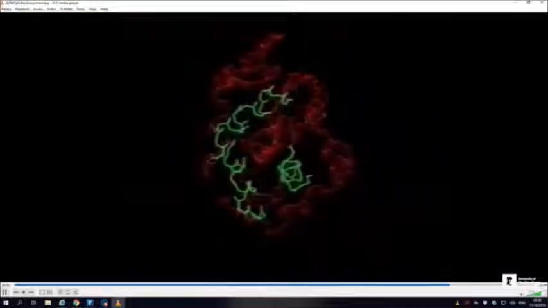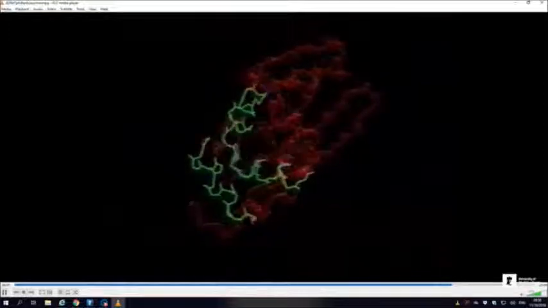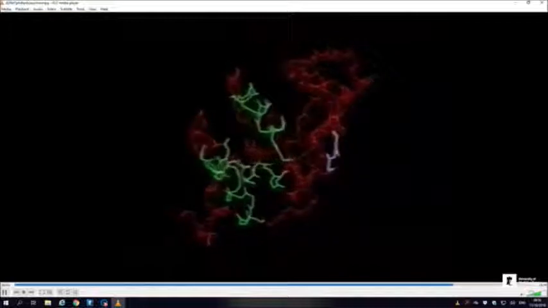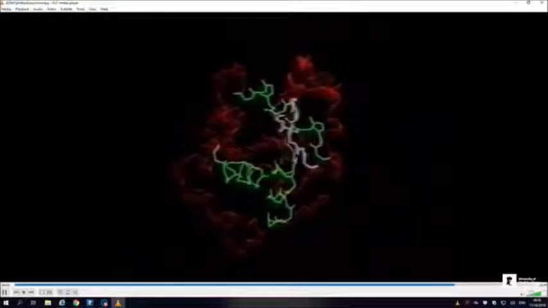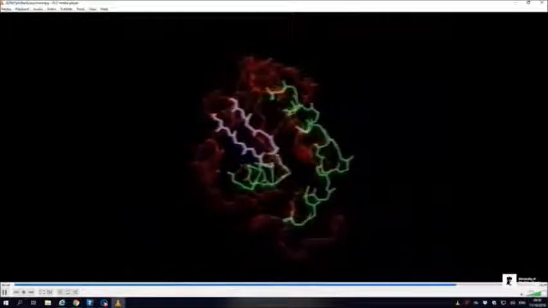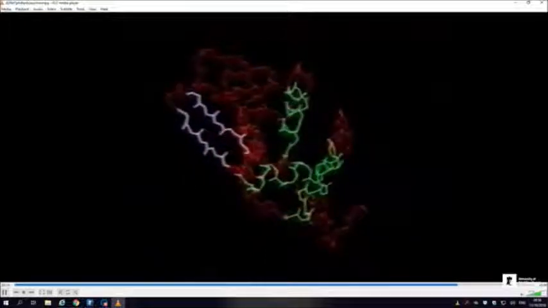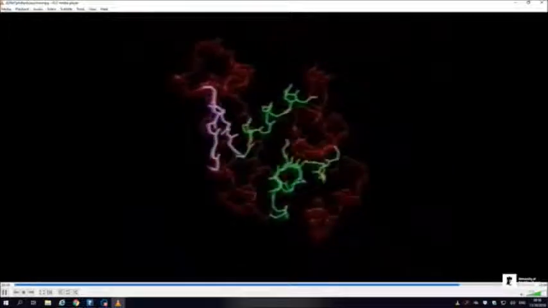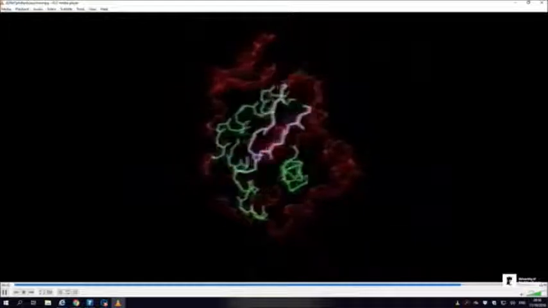Actually, there's one more regular segment, a beta-pleated sheet, which starts at residue 41. So the molecule has 3 alpha helices and 1 beta-pleated sheet.